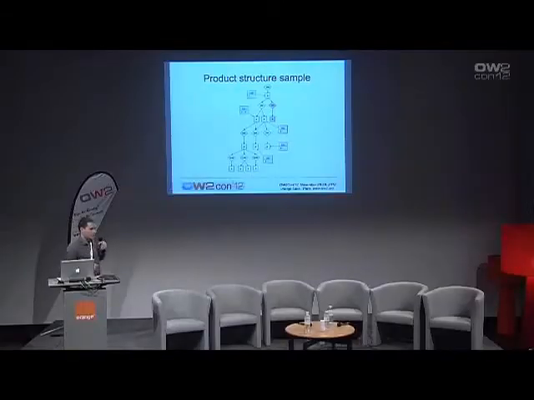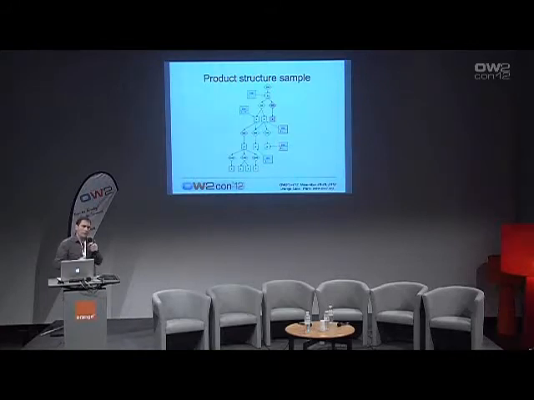This is how we represent a product structure. At the top, you can see part number 100. This is the product itself. Below we have revision A. A revision is a major evolution of a part.